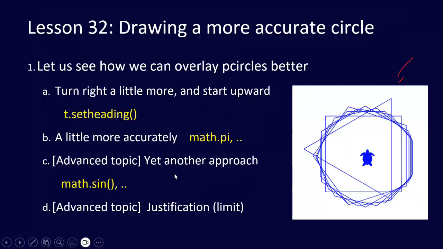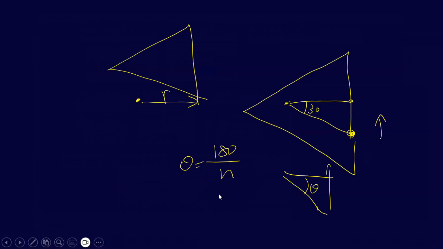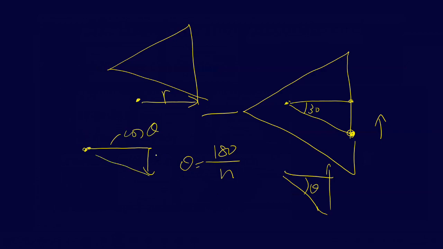Or even yet another approach. If you're good at mathematics, this is equivalent to starting here, going left by cosine theta, and then going down by sine theta. Okay, this is also the same. Maybe if you were interested in mathematics, you can check that.